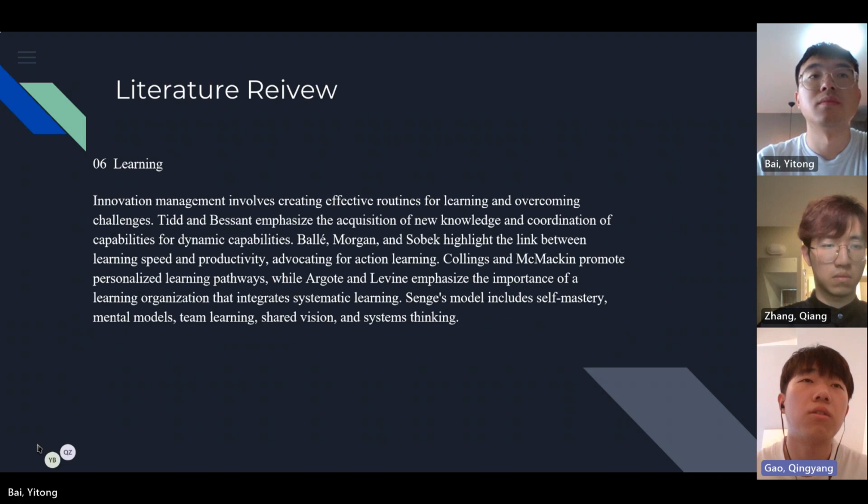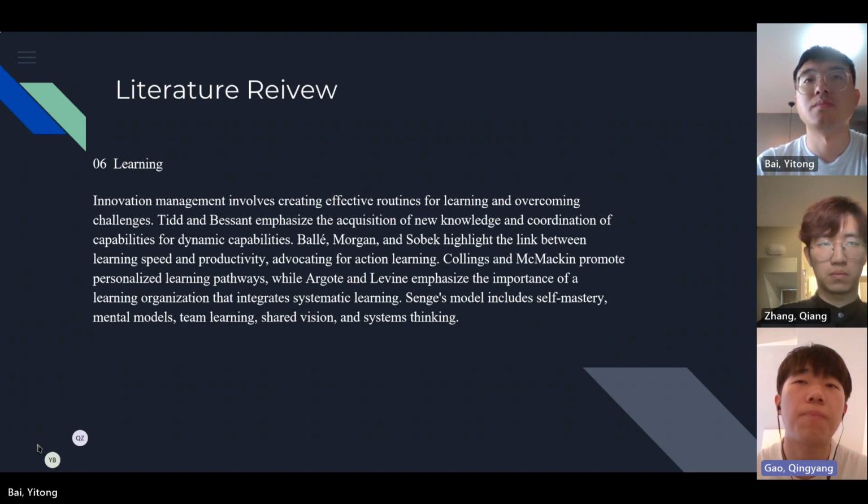And the learning part of the literature review talks about how innovation management involves creating effective routines for learning and overcoming challenges. Teece and Pisano emphasize the acquisition of new knowledge and the coordination of capabilities for dynamic capabilities. Bell, Morgan, and Sebeck highlight the link between learning speed and productivity, advocating for action learning.